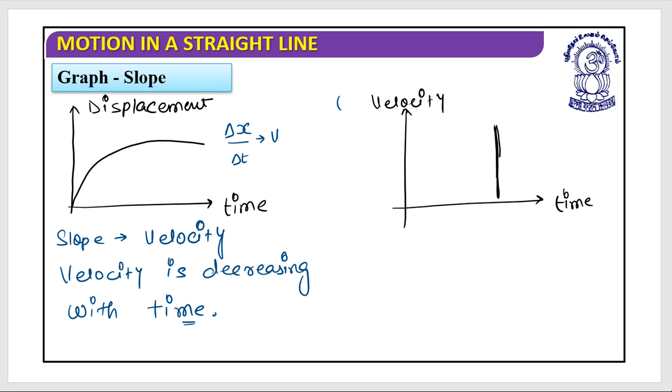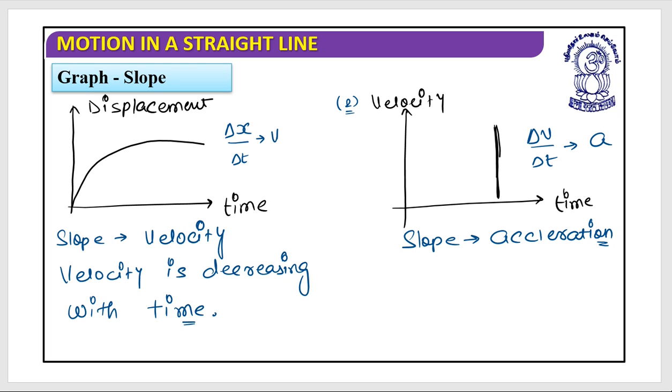Now let's analyze situation number 2, what it would be. It's delta v by delta t. Yes, you assumed it correctly. This is about the acceleration. So first thing, their slope would be the acceleration.